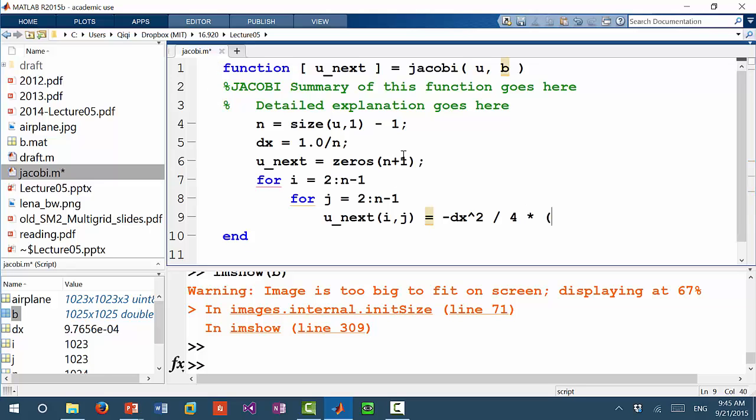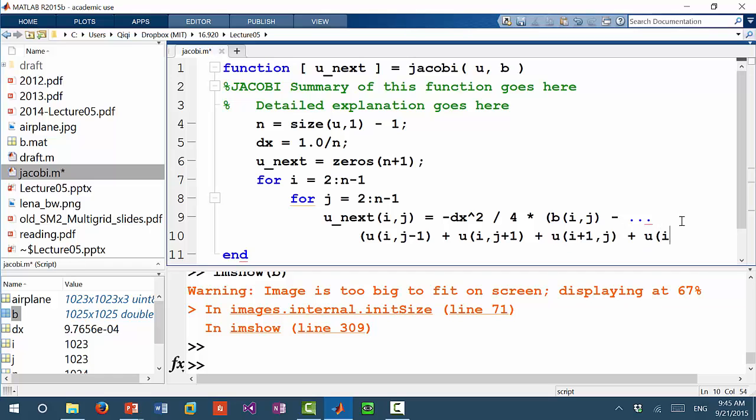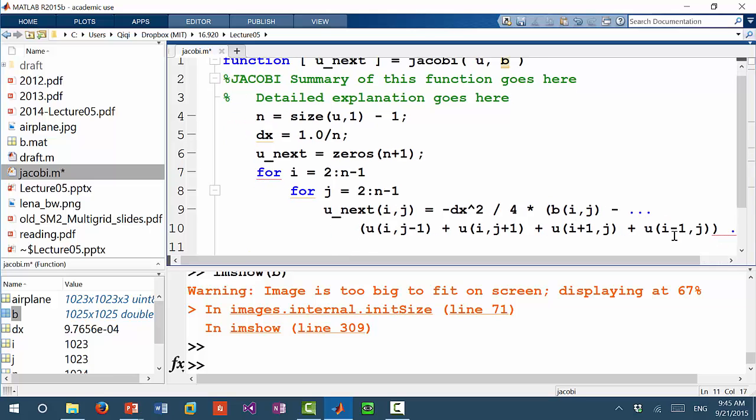Then times bij minus, with dot dot dot so I can continue on the next line: uij minus 1 plus uij plus 1 plus ui plus 1j plus ui minus 1j, and I need to divide by delta x squared. Is that right? Any bug in this?